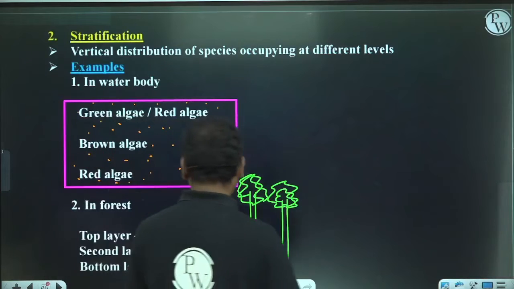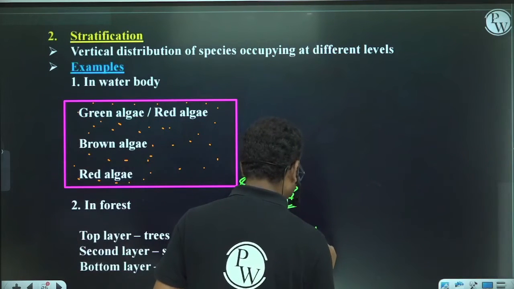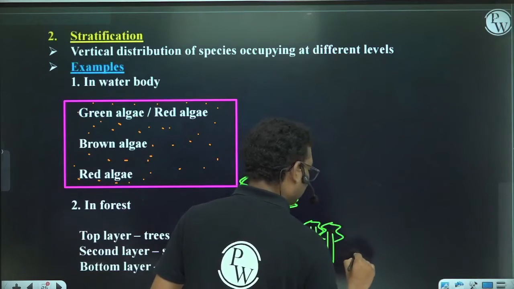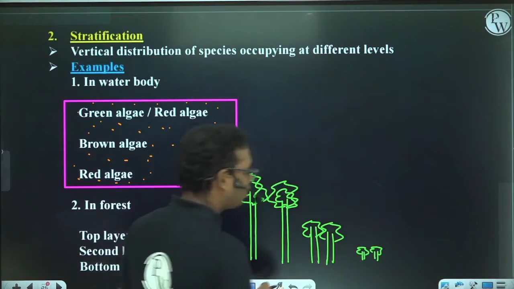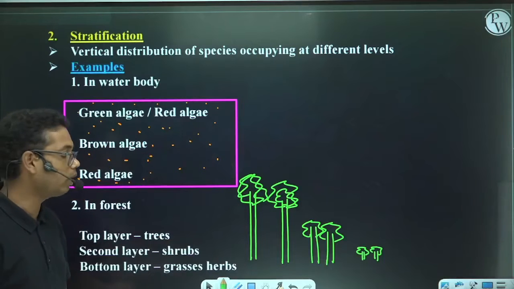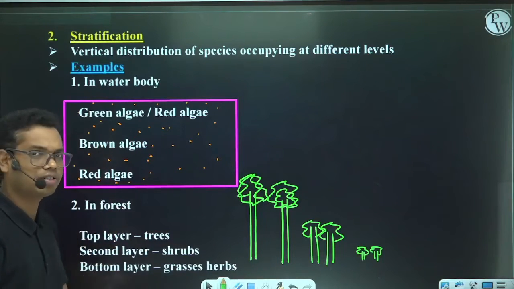Then the second layer will be there, so let me draw the second layer over here. This is the second layer and this is the third layer. So you can clearly see that there is a vertical distribution, and this is nothing but stratification.